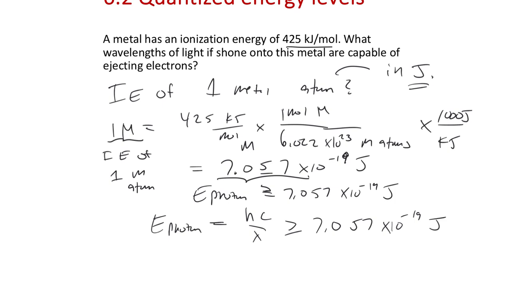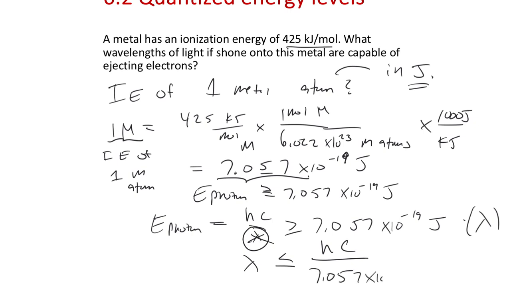Now, do you see that if the energy has to be greater than this amount, and if I remember how to do greater than or less than calculations, if I multiply lambda onto both sides, then I'd have lambda over here, and I keep the greater than sign pointing in the same direction. Do you see how my wavelength has to be less than or equal to hc divided by 7.057 times 10 to the minus 19 joules?